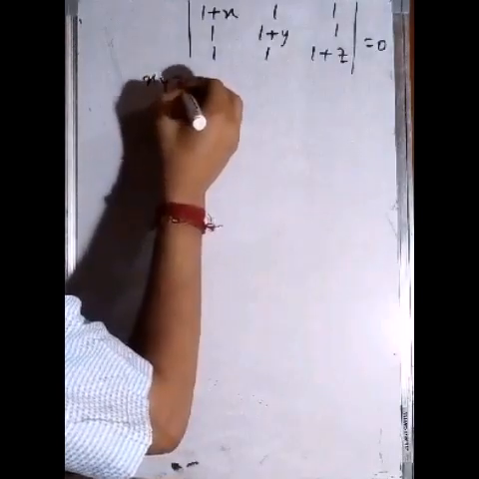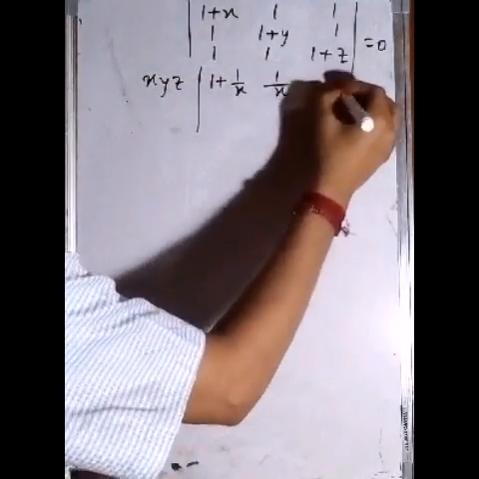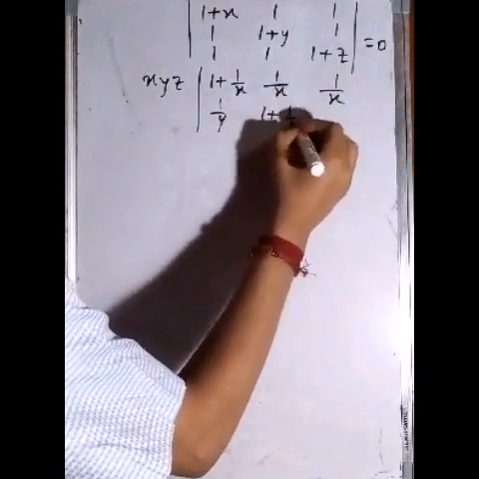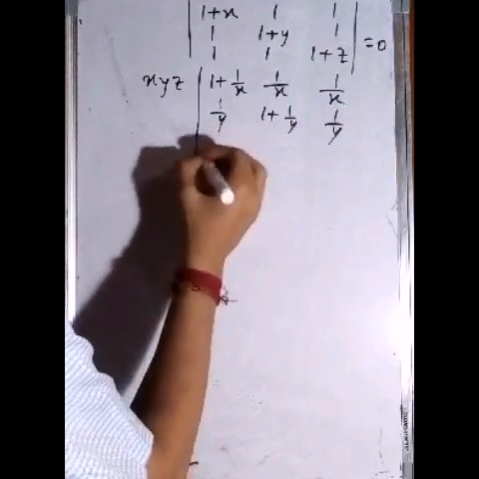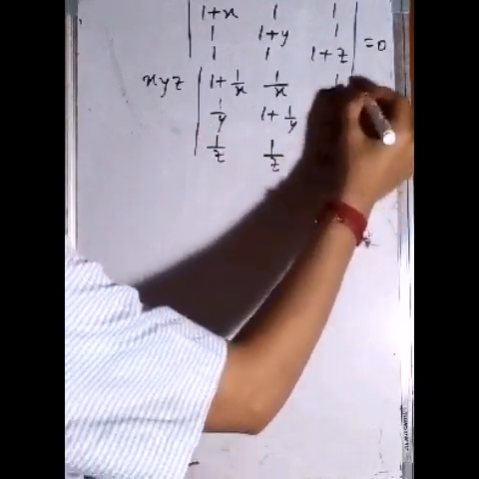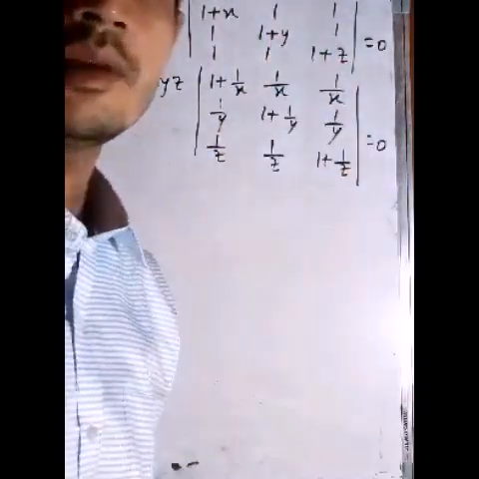So we get x, y, z common. Then we have 1 plus 1 by x, 1 by x, 1 by x; 1 by y, 1 plus 1 by y, 1 by y; 1 by z, 1 by z, 1 plus 1 by z, and this is equal to 0. So we have taken x, y, z common from R1, R2, R3.